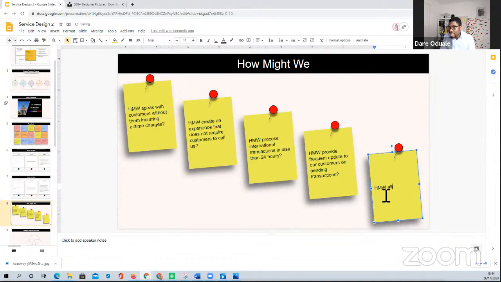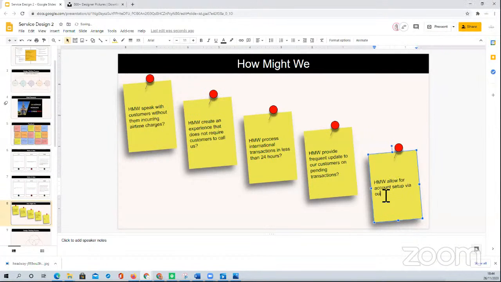Okay, Bolu is not responding. How might we allow for account setup? I think how might we create better service delivery by making it faster to revert transactions that have been debited.